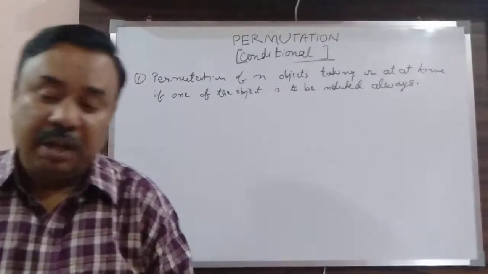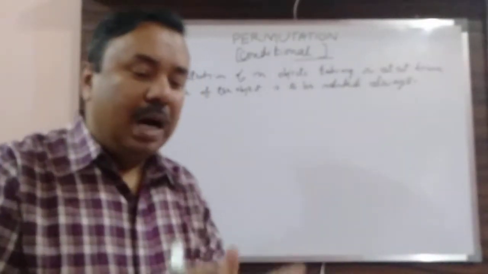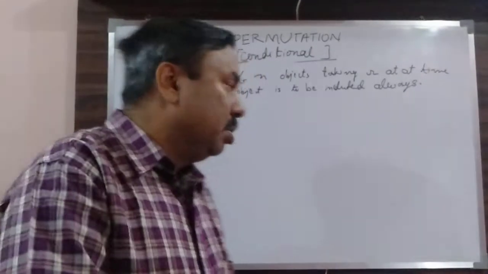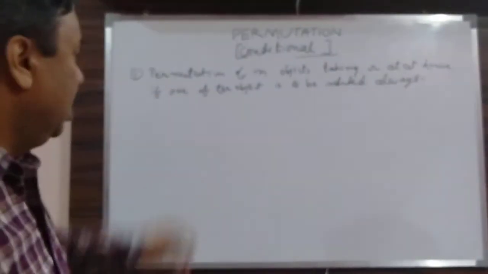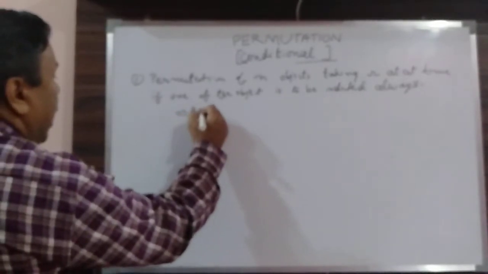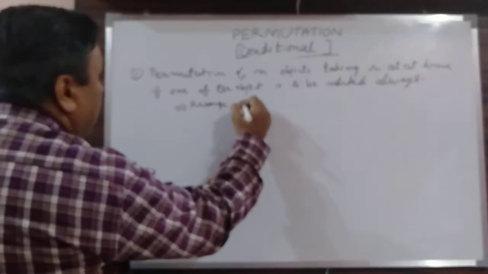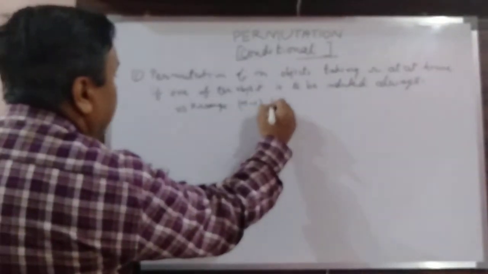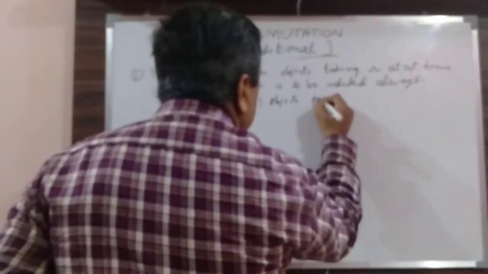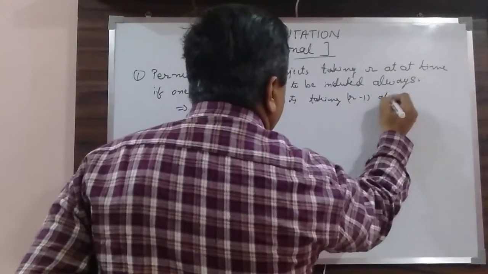So first thing I will do is arrange those r minus 1 places, that is, arrange n minus 1 objects taking r minus 1 at a time.